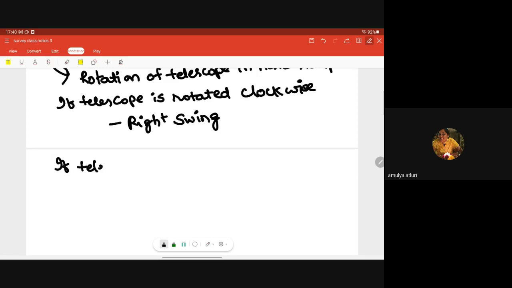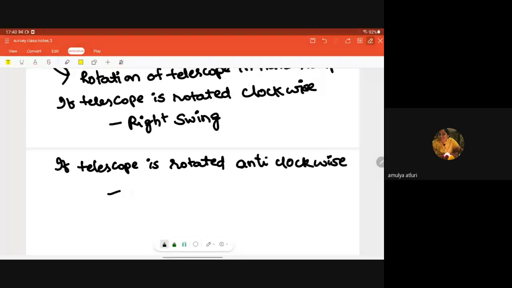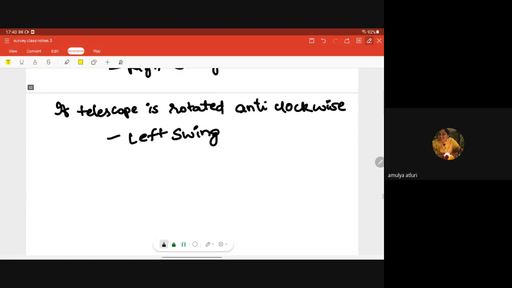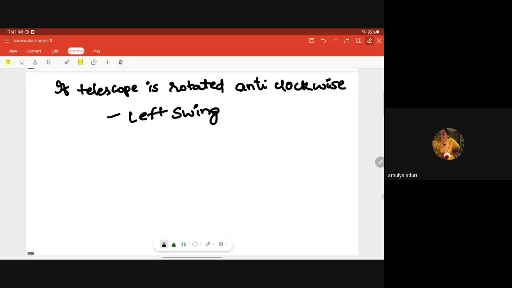If the telescope is rotated in the anti-clockwise direction, then it is called left swing. So what combination is the best combination?